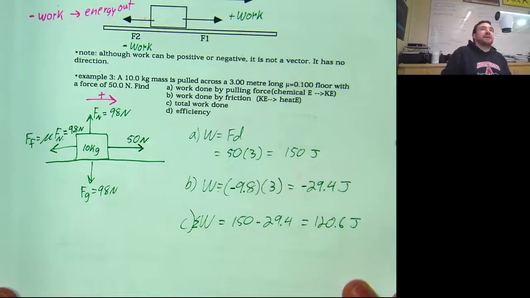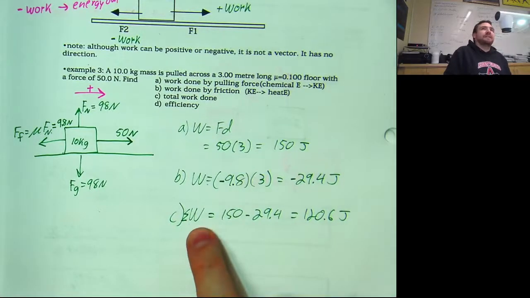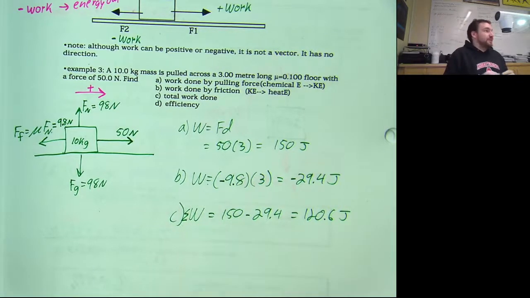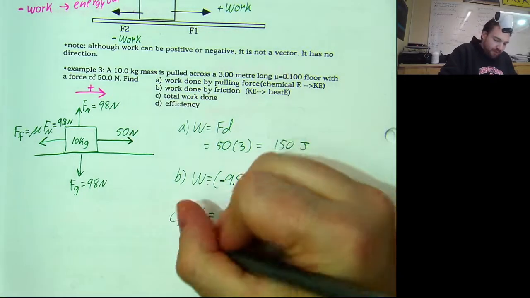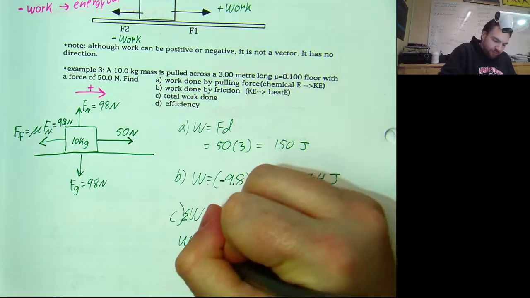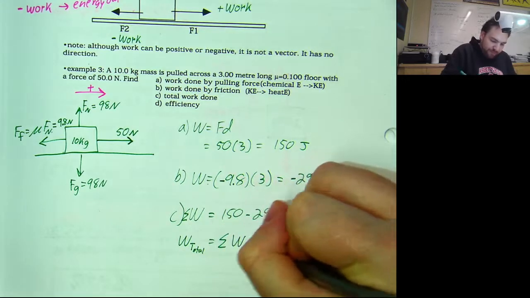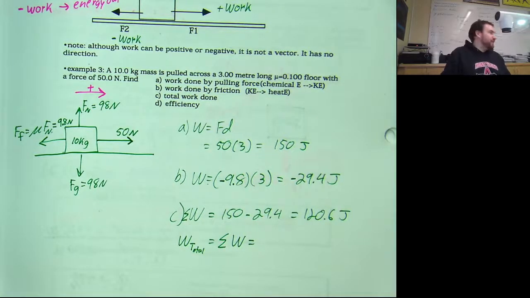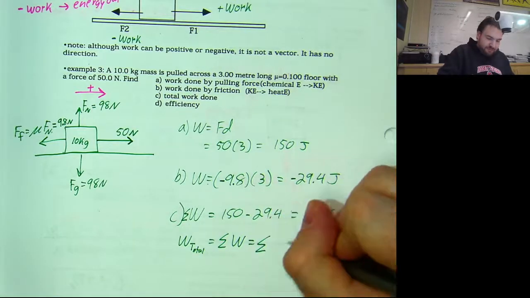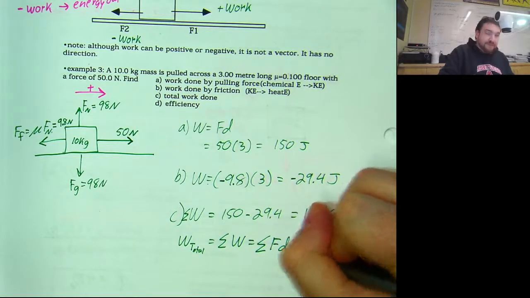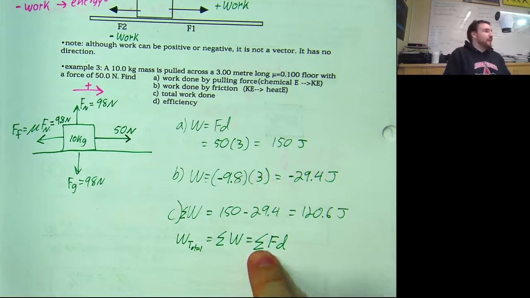There's an interesting little side note here for those of you who like shortcuts, and lots of you do. A good physicist is a lazy physicist. The more shortcuts we can find, so much the better. I'll put it down here. Work total is equal to the sum of all the work. But work is equal to a force times the distance. So it's going to be the sum of the force times the distance. Sum of the forces is what expression?